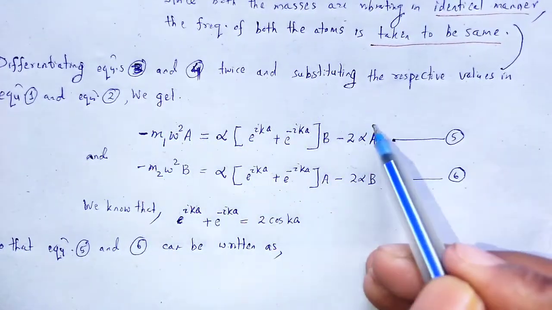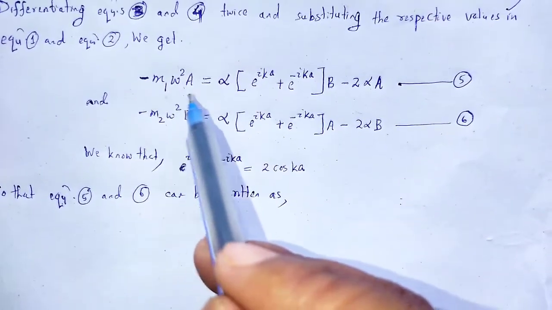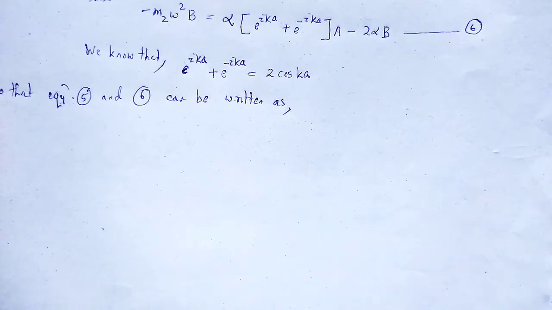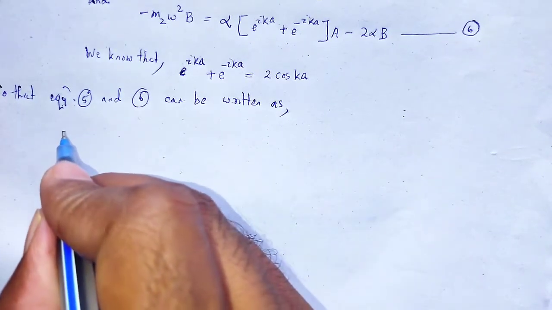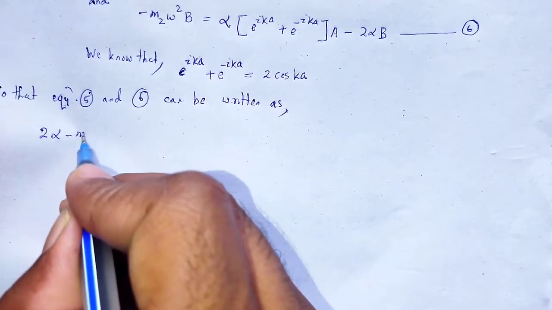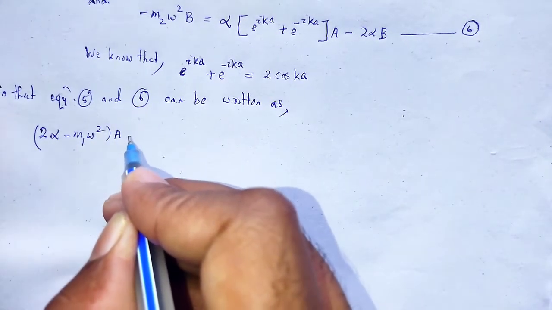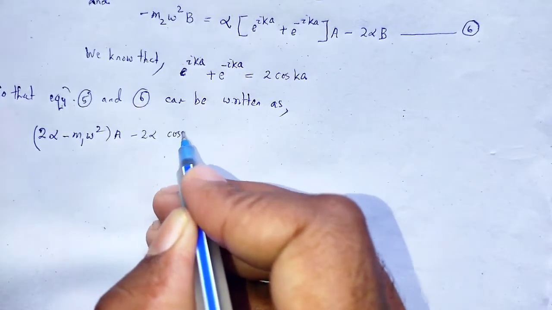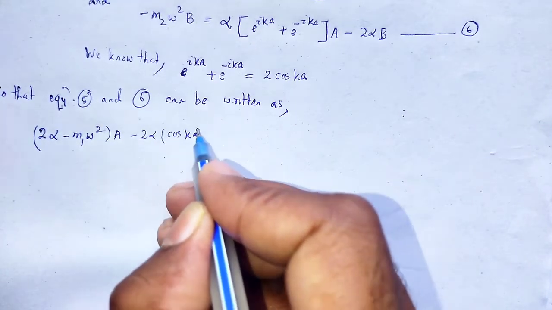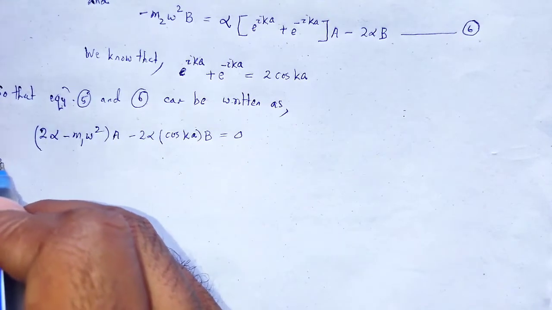Taking that value to this side and multiplying by the negative sign, equation 5 becomes (2 alpha minus m1 omega square) a, minus 2 alpha cos ka into b, equal to 0.